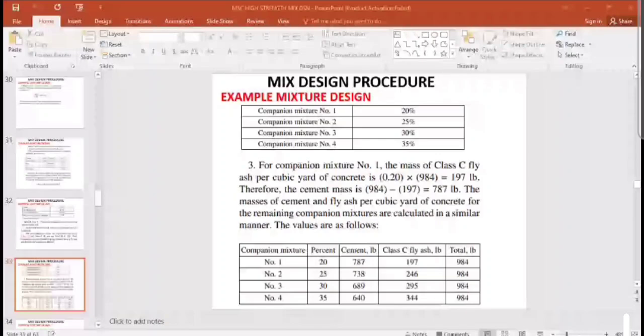Okay, so after finding out the exact proportion of the cement, that was 984, whatever you get in your case, then you go for the replacement values. So your cement content and your trial batches will be accordingly adjusted.